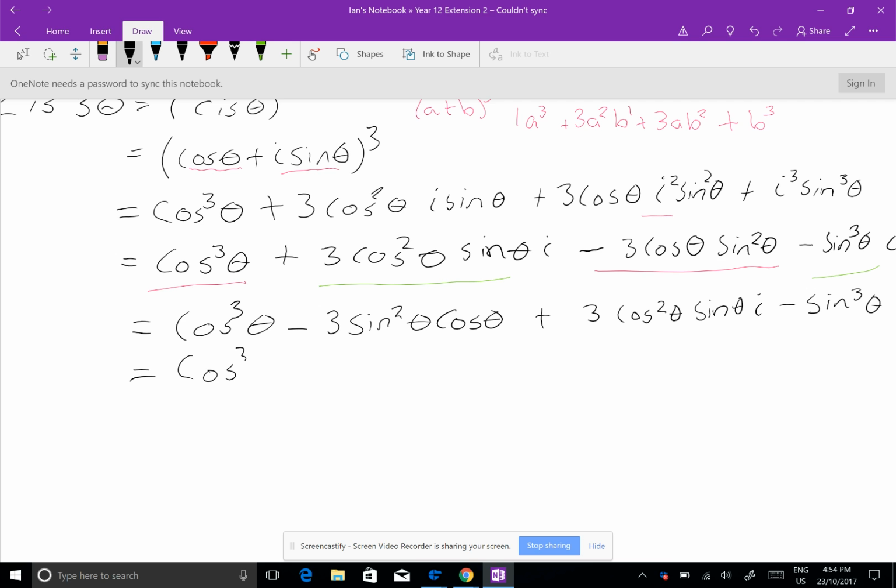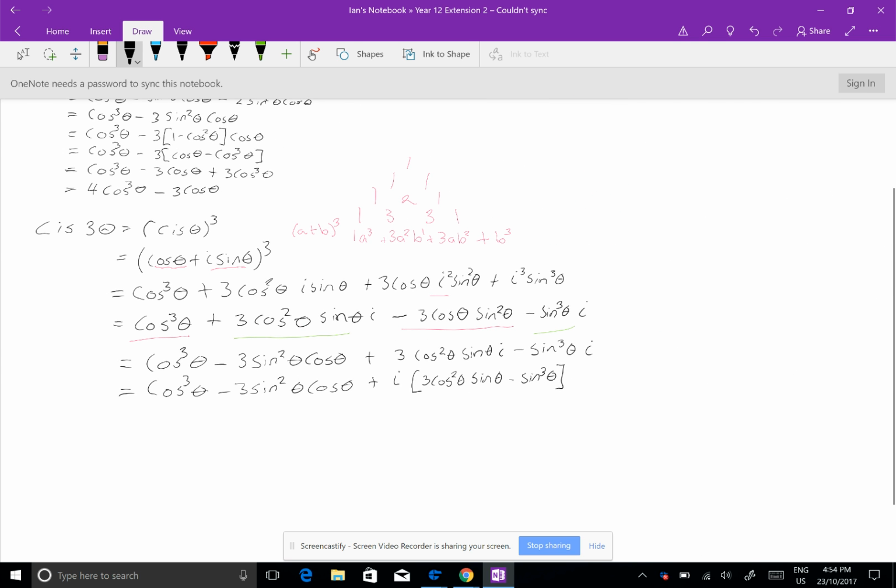Cos cubed theta minus 3 sine squared theta cos theta plus I outside of 3 cos squared theta sine theta minus sine cubed theta.